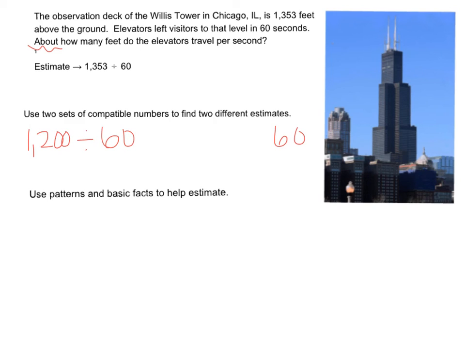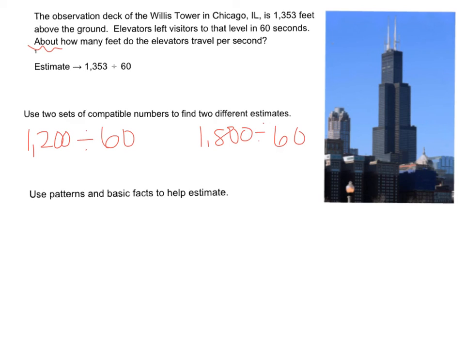I'm going to change my 1,353 this time to 1,800. The reason why I'm doing that is that my basic facts right here, 12 will divide nicely with 6, and 18 will divide nicely with 6. So that's why I'm choosing those particular numbers.